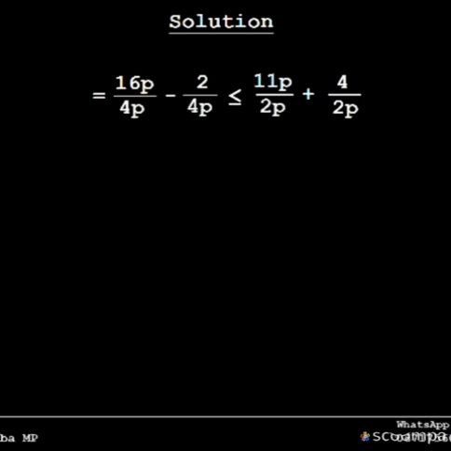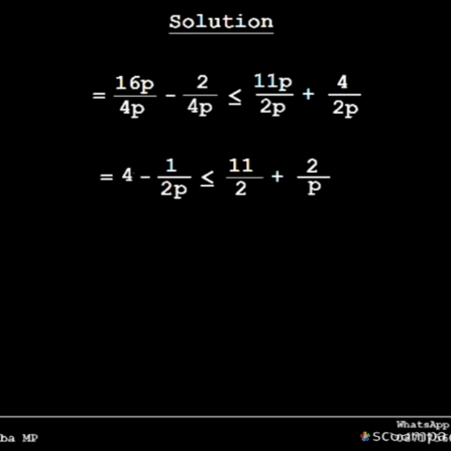16p over 4p equals 4, minus 2 over 4p equals 1 over 2p. 11p over 2p equals 11 over 2, plus 4 over 2p equals 2 over p. Therefore the next step will be 4 minus 1 over 2p is less than or equal to 11 over 2, plus 2 over p.